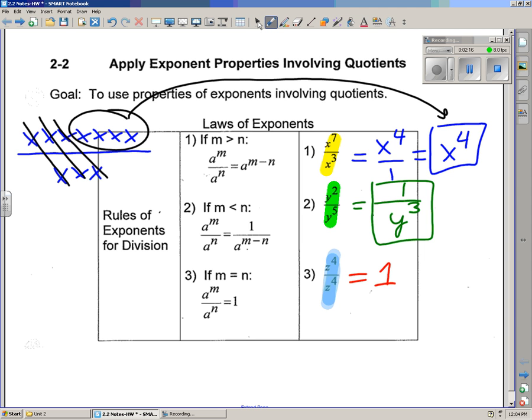That kind of happens with this next example. When there's 2 y's on top and there's 5 y's on the bottom, y divided by itself is 1, y divided by itself is 1. You're left with 1 on the top because the y's are gone, but the number 1 is there, over y to the 3rd.